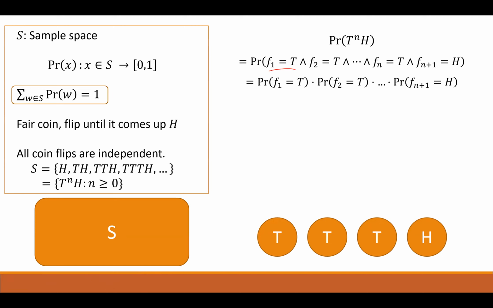So the probability that the first flip is tails, and the second flip is tails, and the nth flip is tails, and the n plus 1 flip is heads, is equal to the probability, since they're independent, that the first flip is tails times the probability that the second flip is tails, times all the way up to the probability that the n plus first flip was heads.